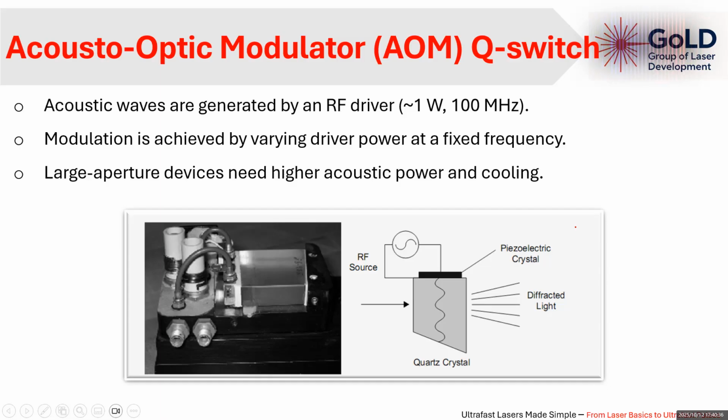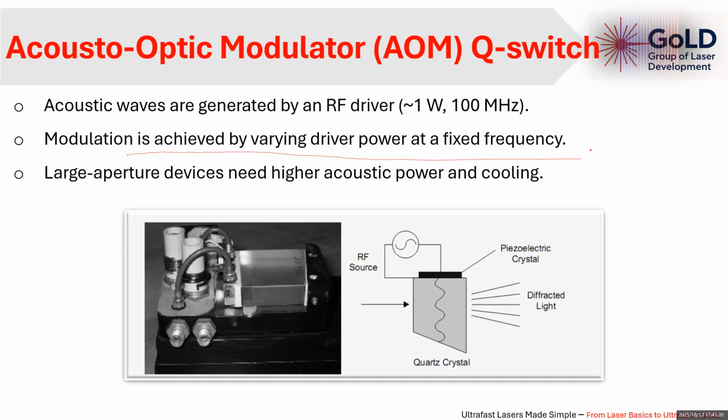Another thing mentioned here is that there are two possibilities. One possibility is that we can change the frequency. But in the usual case, when we use this switch for Q switching, we keep the frequency constant, that is 100 megahertz, let's assume. And the power of the driver is changed by some electronic circuit.